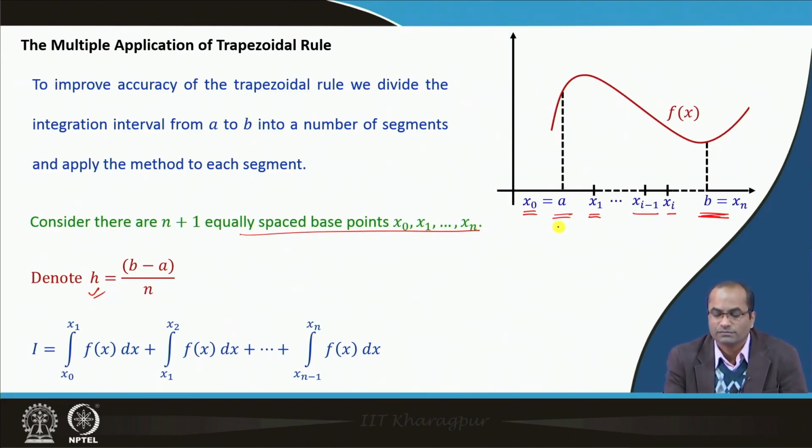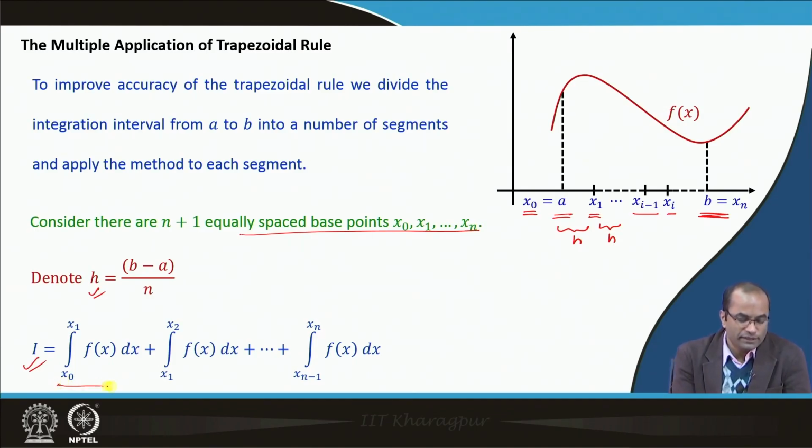So h is the distance between 2 points, and it is kept the same, or equidistant points. So this distance is the same between any 2 points. The given integral is split into these n integrals: one from x0 to x1, then x1 to x2, and so on.